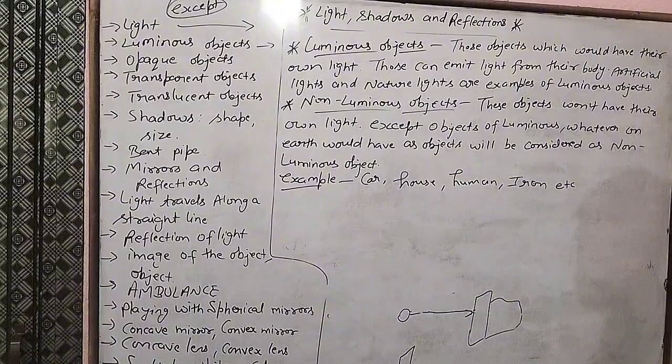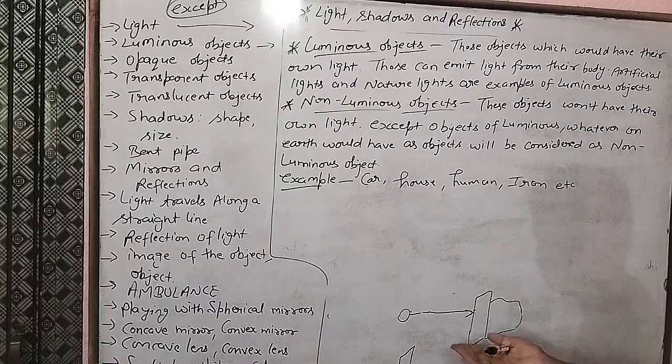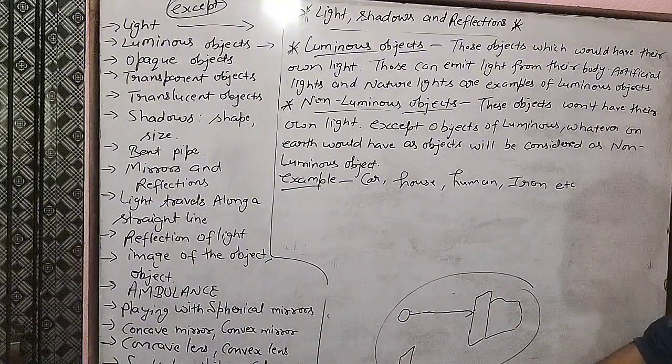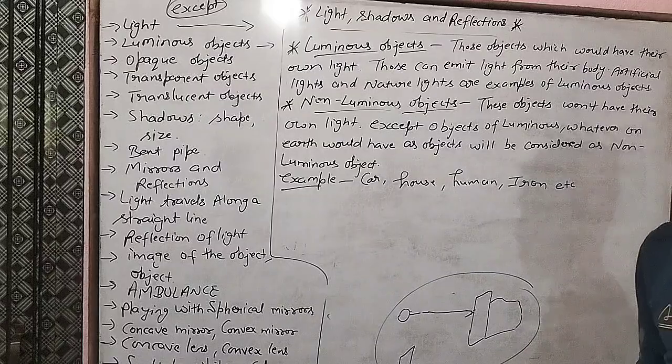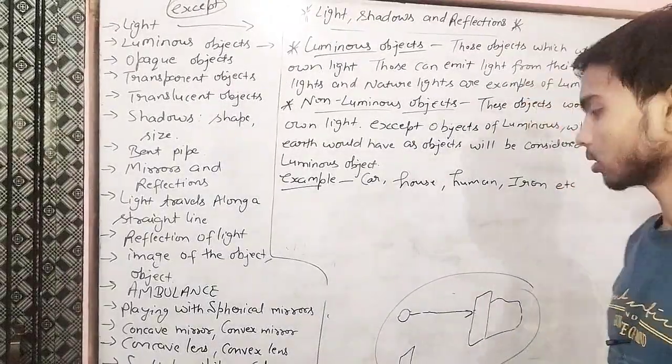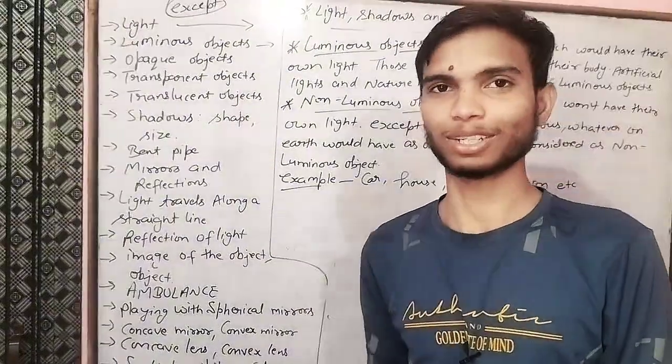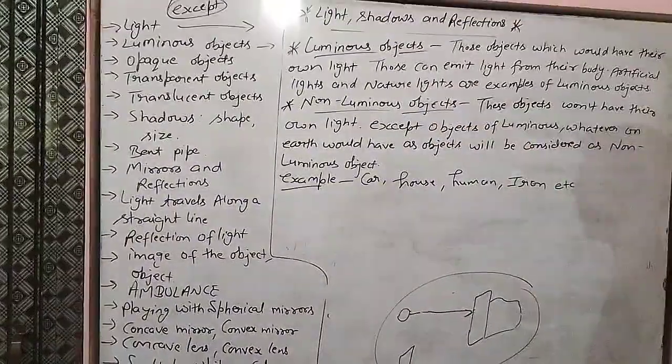So light is not crossing, light is not passing, rather light is being blocked by this object. That's why we don't see behind this object from one side. It is a process. That's how we say this object is getting proved. I am clear.